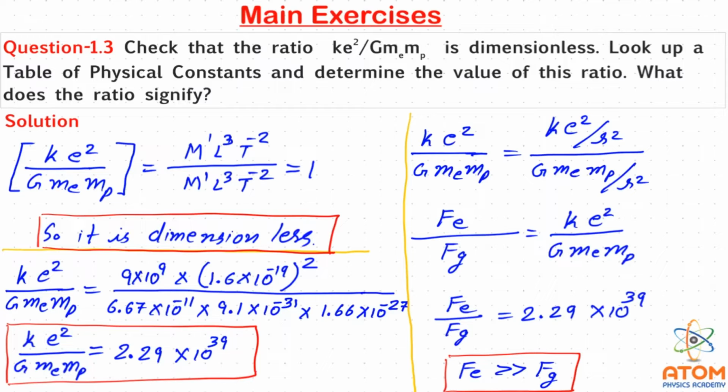This is what the ratio signifies. We have been asked to find out the significance of this ratio. So this ratio signifies that the electric force is very much larger than the gravitational force.